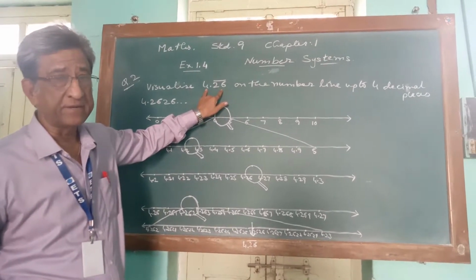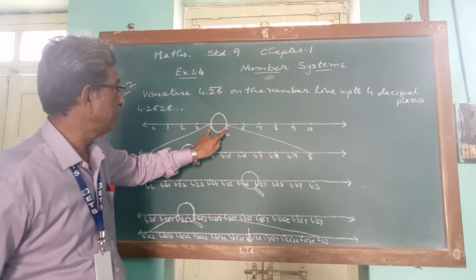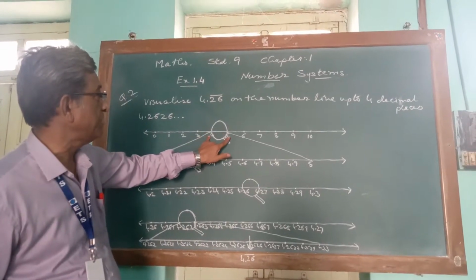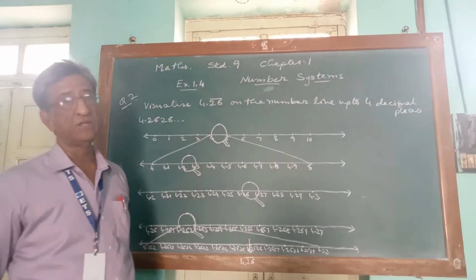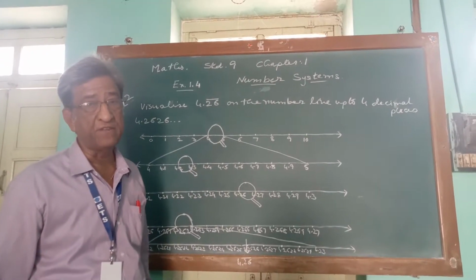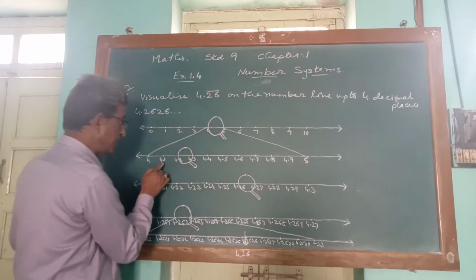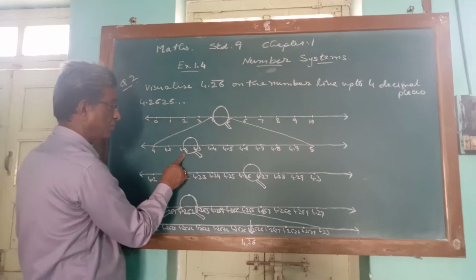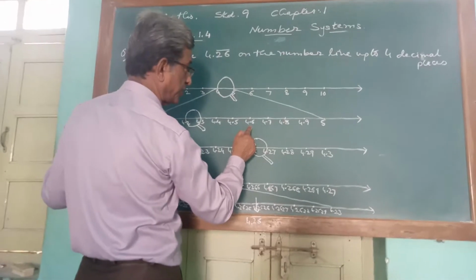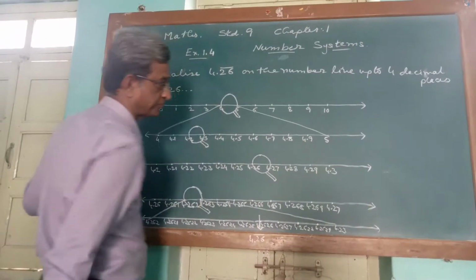It will lie between 4 and 5. So enlarge the region between 4 and 5, which will contain 4.1, 4.2, 4.3, 4.4, 4.5, 4.6, 4.7, 4.8, 4.9.